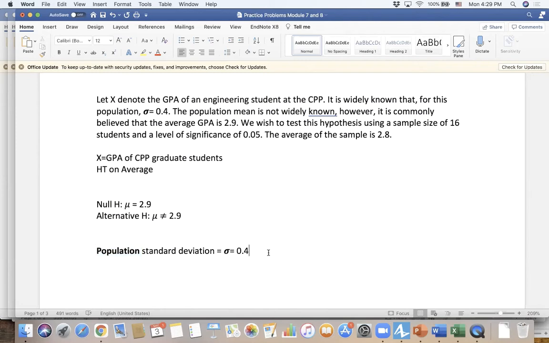Okay, what other pieces of information do you have here? N equals 16. Sample size, or n, equals 16. And alpha equals 0.05. Okay, what else?